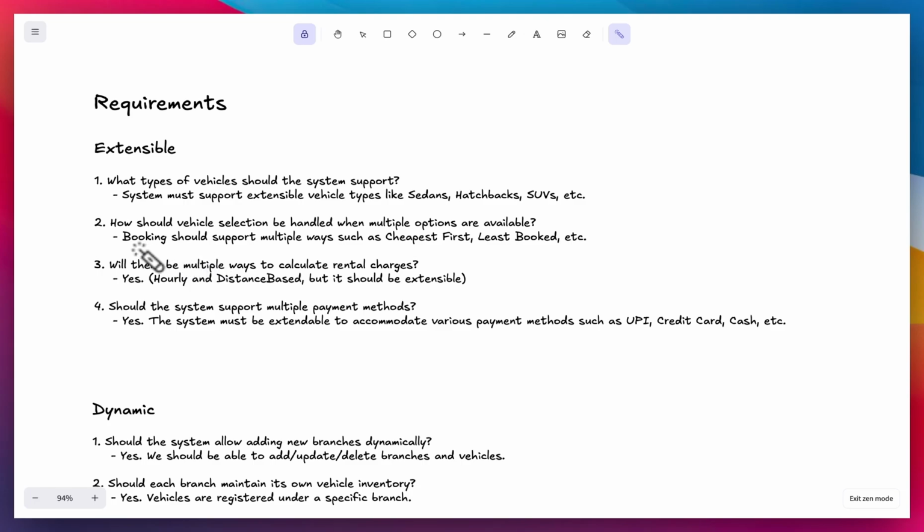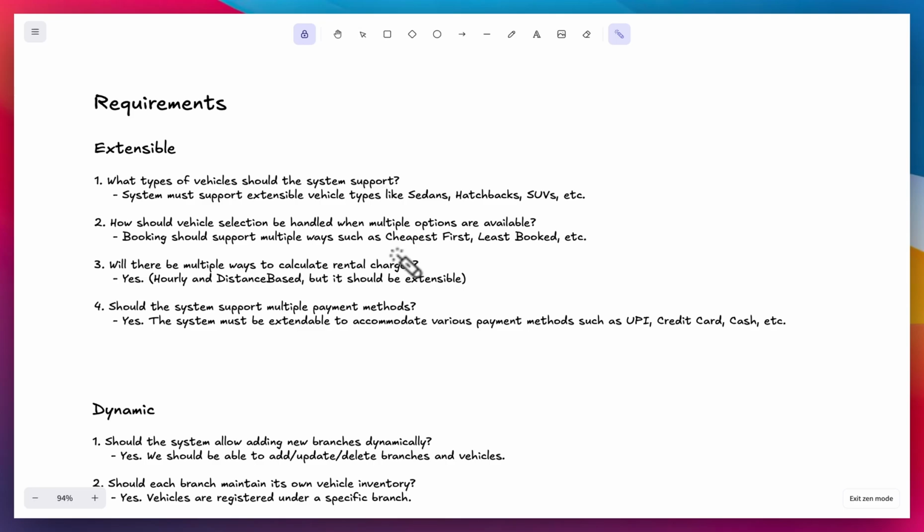So what you can do is note down this entity, which is booking. This is one entity, and this is a good opportunity to use the strategy design pattern over here. Why? Because currently, in order to book a particular vehicle, your system supports these two algorithms. But in future, if I want to add one more algorithm, I should be able to do that without modifying the old code.